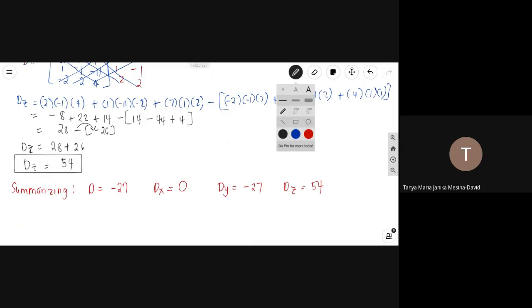If we want to solve for x, we follow the formula dx over d, which is equal to 0 over negative 27. Hence, x is equal to 0.